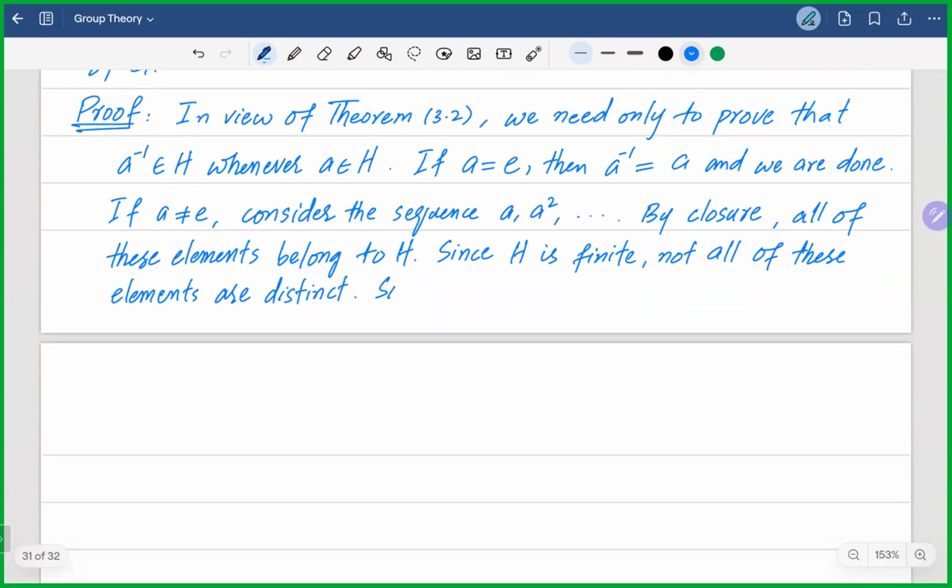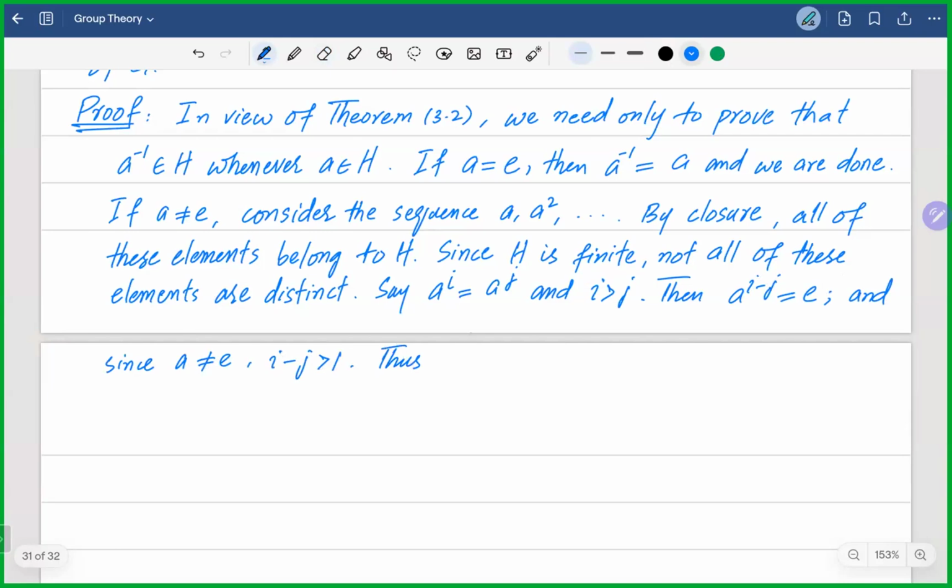Say A power i is A power j and i is greater than j. Then A power i minus j is nothing but e. Since A was not e, i minus j is greater than 1.